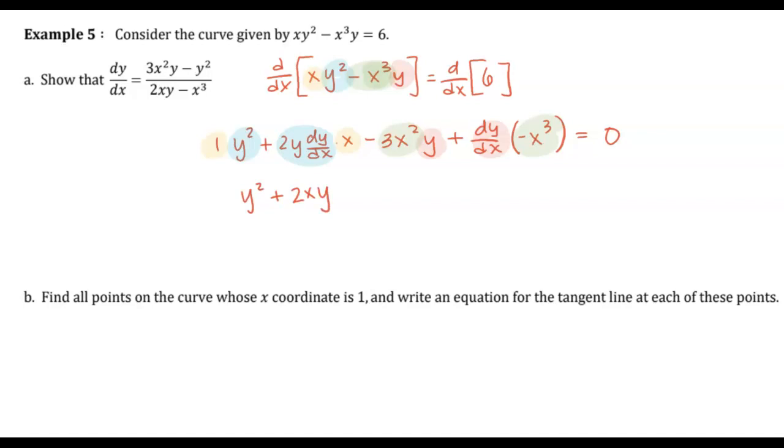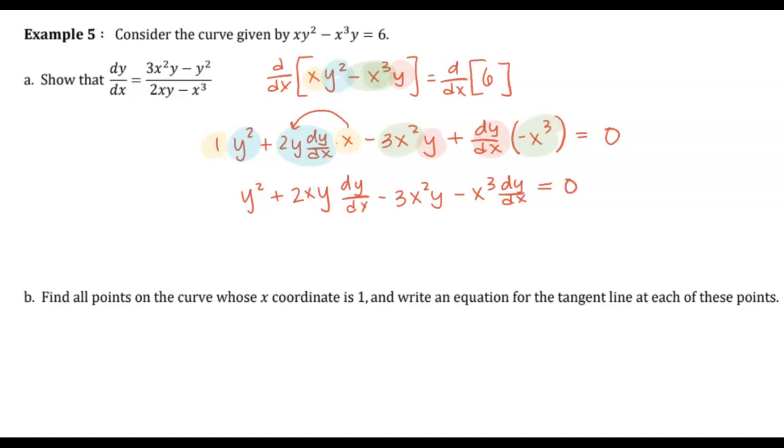For every term, I'm just going to put any of those factors of that term in front of the dy/dx just to kind of organize things. And I, of course, like things alphabetically, so when I multiply that x in here using the commutative property, I'm going to write it as 2xy. This is not required. It's just cute. Minus 3x squared y, that's already alphabetical. And then minus x cubed dy/dx. This is all equal to 0.